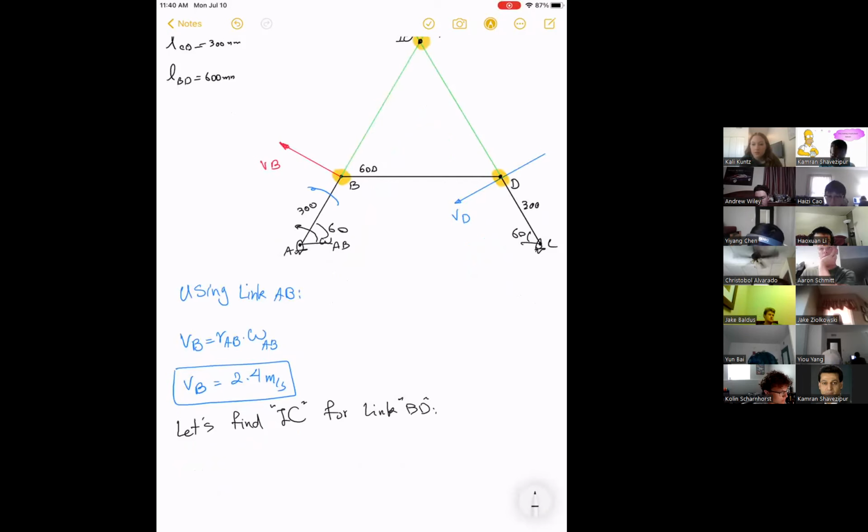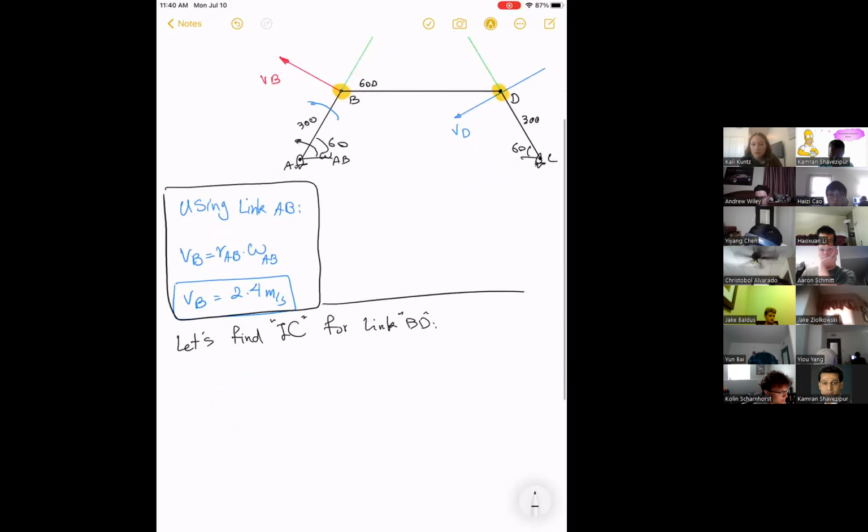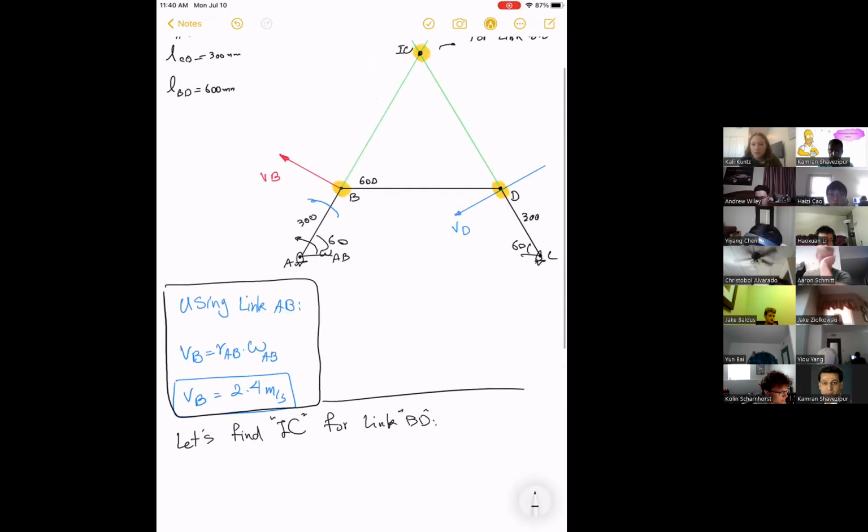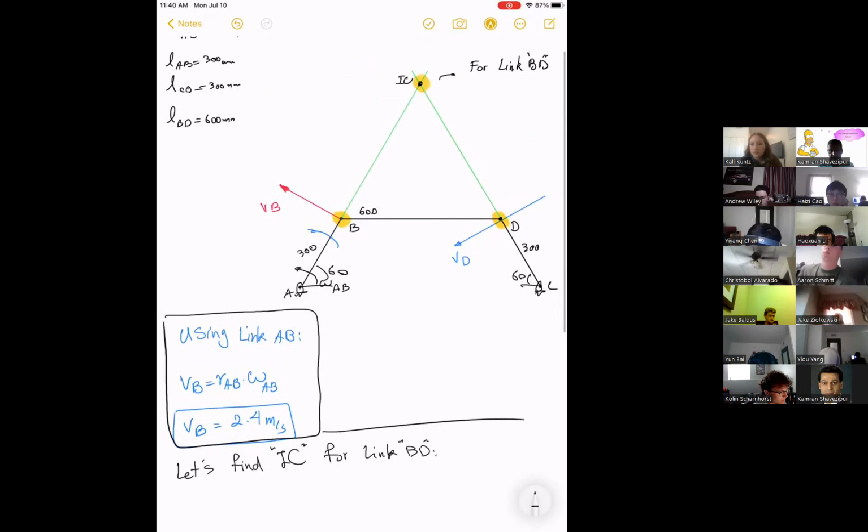So I use link AB to find velocity of B. Now I'm going to use link BD. Now I'm going to ask you this question. Can I say the pin B that connects BD and AB has just one velocity? One point cannot have multiple velocities, right? Am I right?